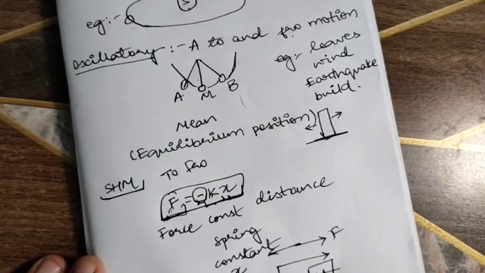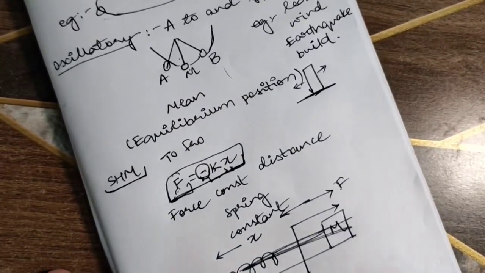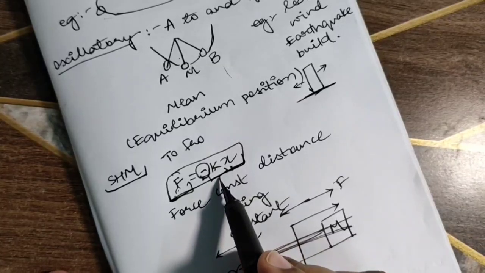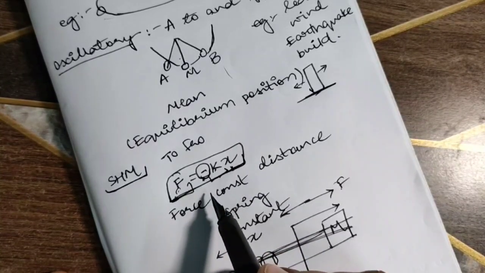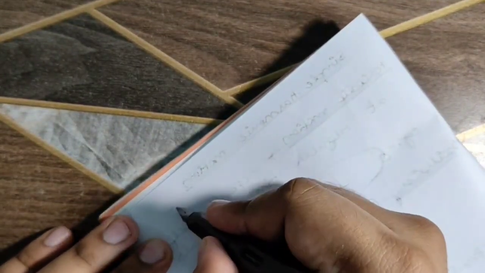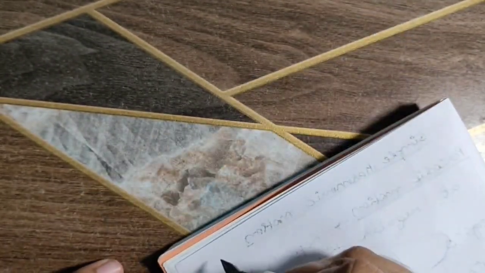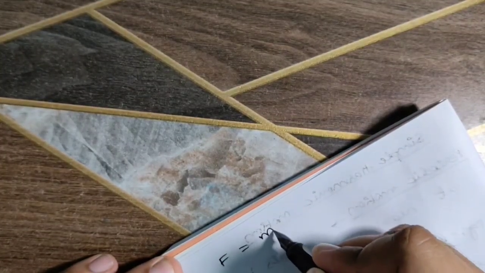Now we'll discuss the differential equation from which simple harmonic motion can be explained properly. I'll turn the page. For example, now we know that F equals ma.